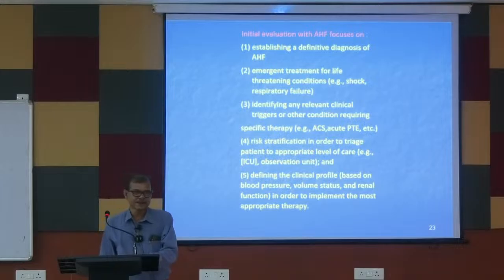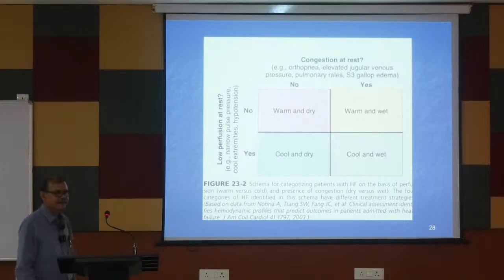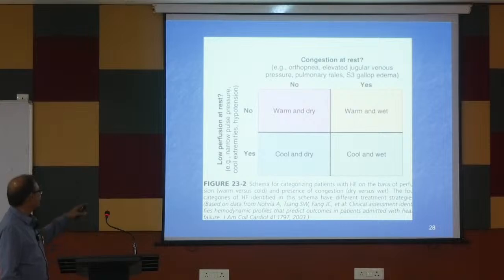In the previous slide, congestion at rest, symptomatology and signs include orthopnea, elevated jugular venous pressure, pulmonary crepitations or rales, S3 gallop, and presence or absence of edema. On the other hand, low perfusion at rest is characterized by narrow pulse pressure, cool extremities, and hypotension.